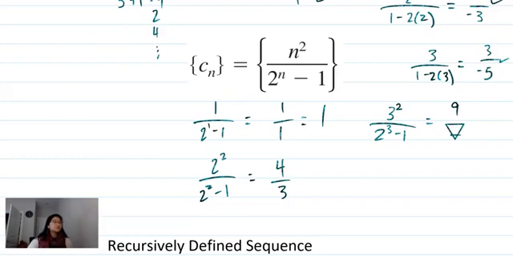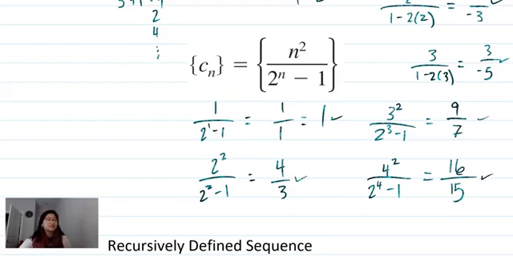Whoa. And then if we plug in 4, 4 squared over 2 to the 4th minus 1, 4 squared is 16, 2 to the 4th is also 16, minus 1 is 15. So we got, starting at 1, then we go to 4/3, 9/7, 16/15.